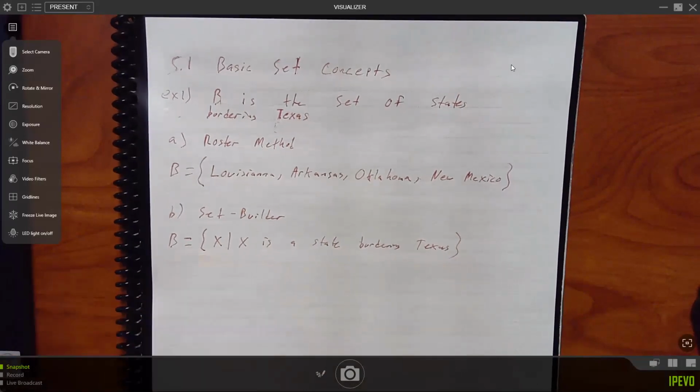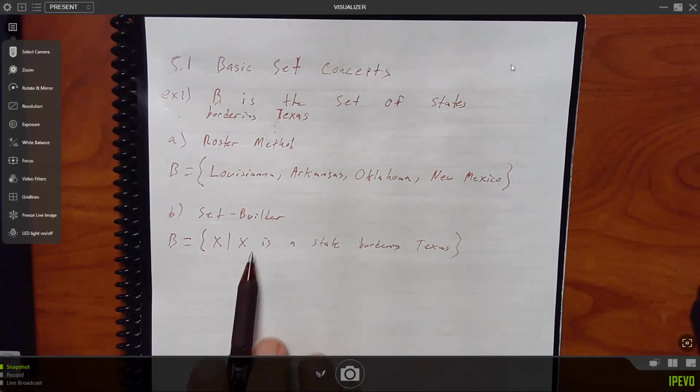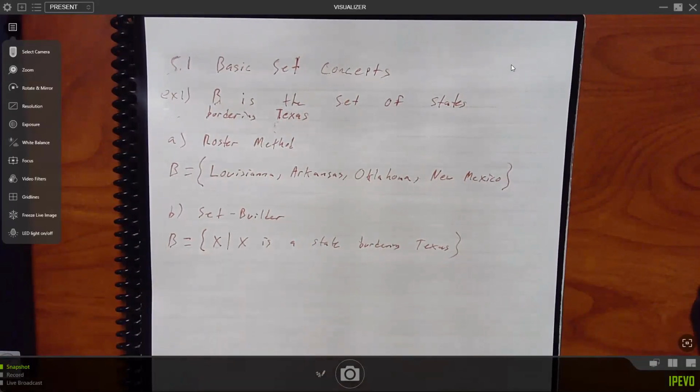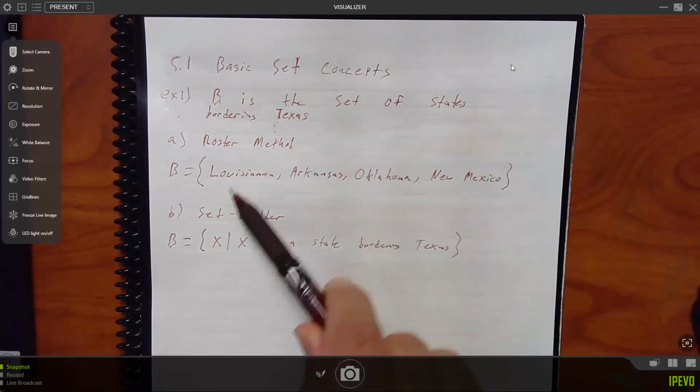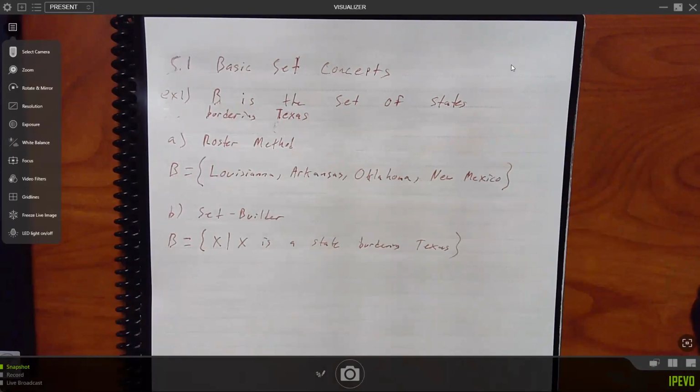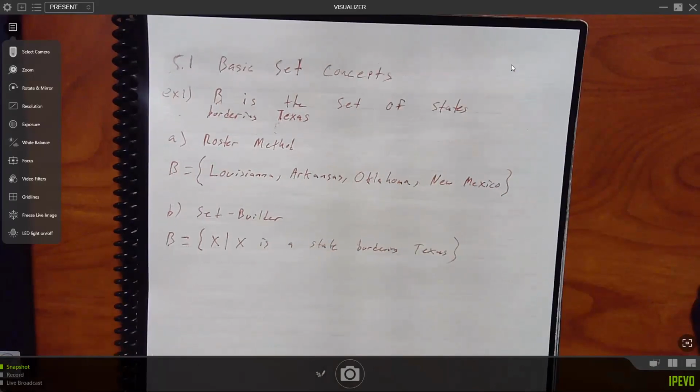But they don't usually tell you the elements. If they said B is all the numbers between 0 and 10, you say x such that x is, and then you use the inequalities. But if you use the roster method, you would write all the numbers 1, 2, 3, all the way till 10. So that's the difference. Roster, list them; set builder kind of generalizes.